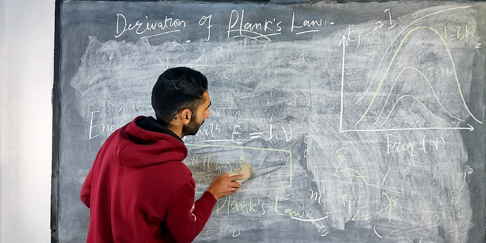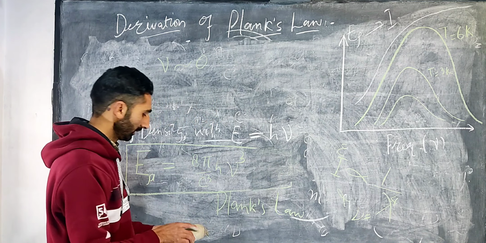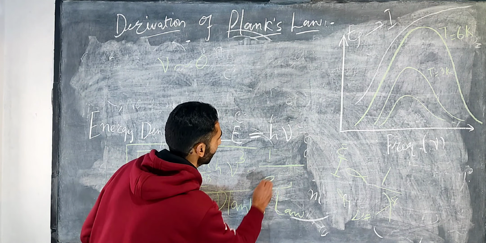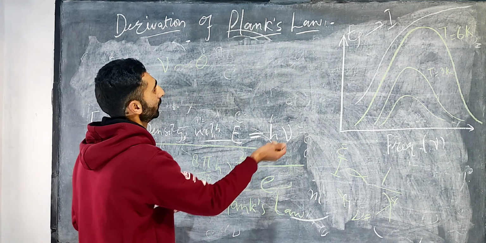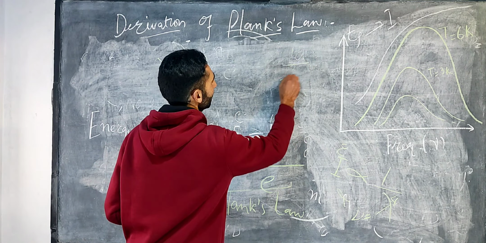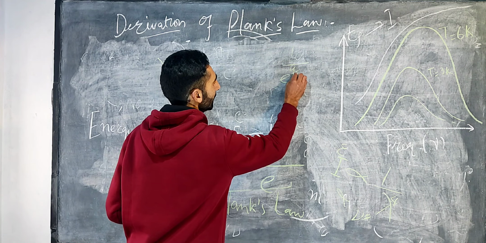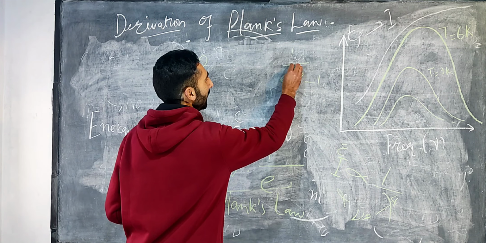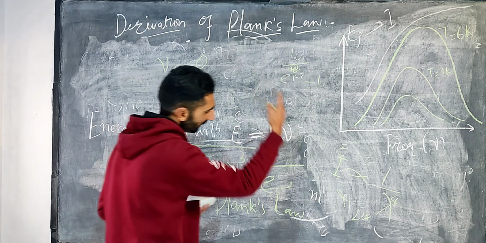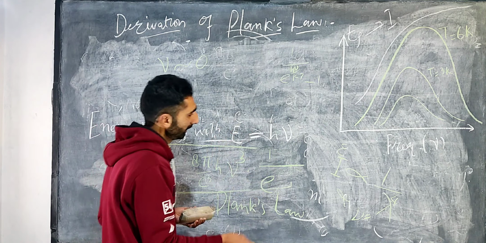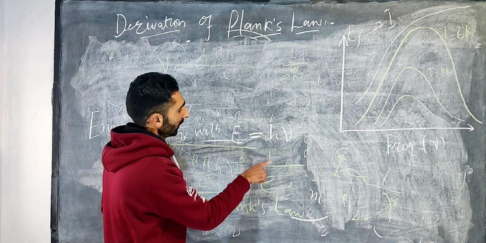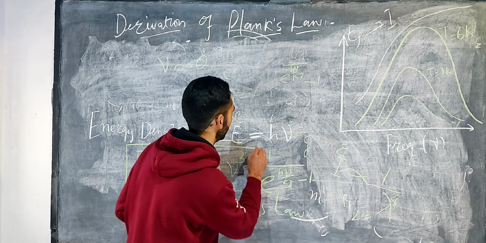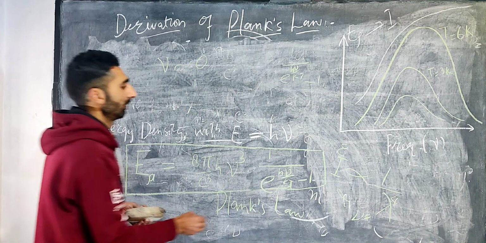There was some other term also, which is multiplied by 1 upon e to the power u divided by kT minus 1, and this u is actually the energy of the photon, that is h nu. I'm sorry for that. So the end result will be 1 upon e to the power h nu divided by kT minus 1. This is the final result of Planck's law.